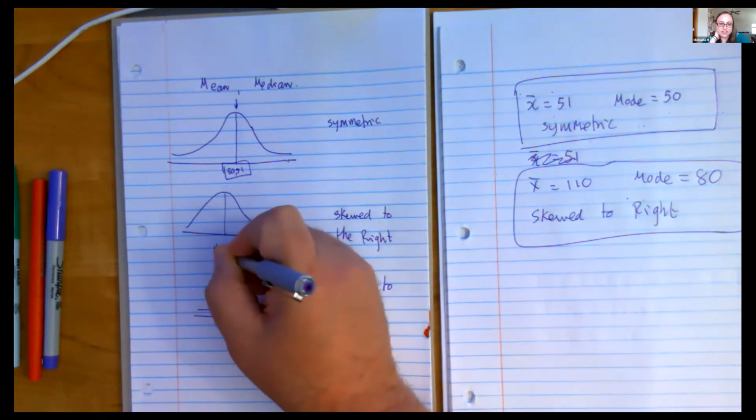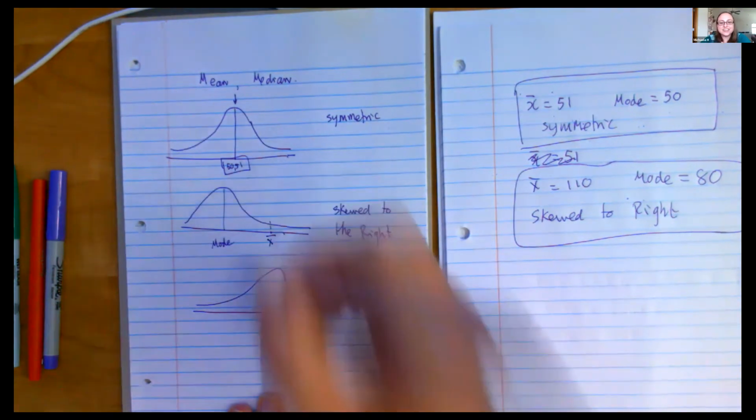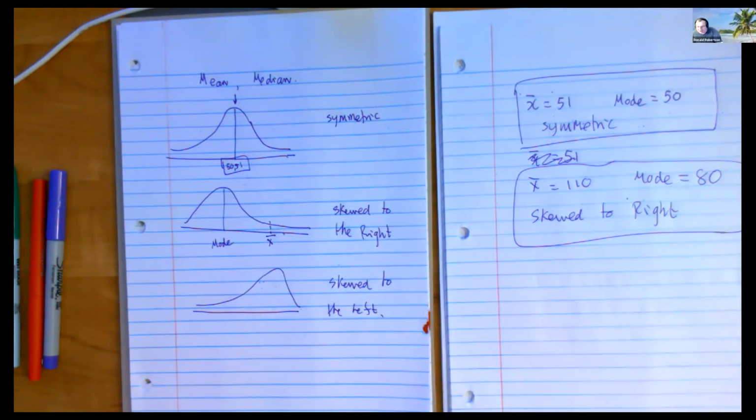So if the mean is higher than the mode, especially because the mode is going to be where the hump is, then the mean is going to be in the direction that it's skewed. Yeah, good. I liked your first sentence better. It was cleaner. But you know, that's what your brain does. The first time round, it says it quite cleanly, and then you kind of overanalyze it a little bit too much the second time.